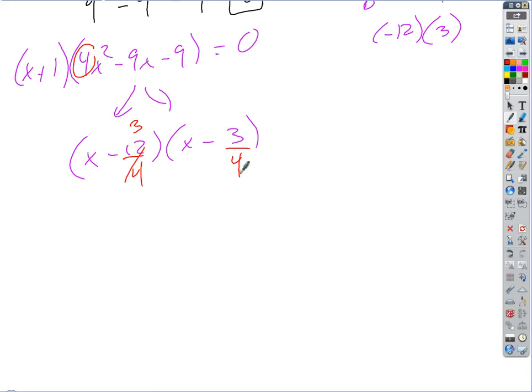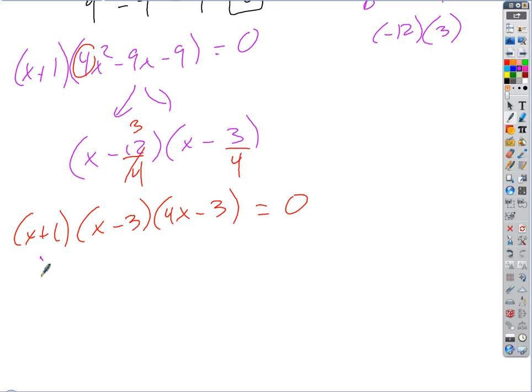So what do I have to do here? 4x minus 3. So I'd end up with x minus 3 times 4x plus 3 times x plus 1, if I wanted to write it in factored form, but I don't really want to. All I really want to do here is just get the zeros, right? So we already had this one. x equals negative 1, x equals 3, and x equals what?